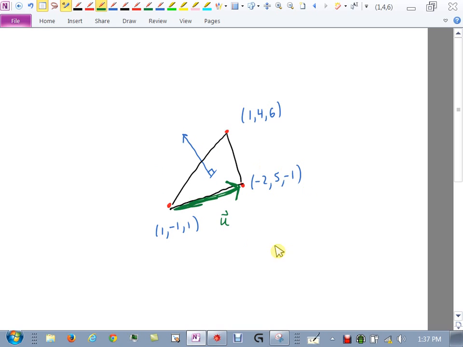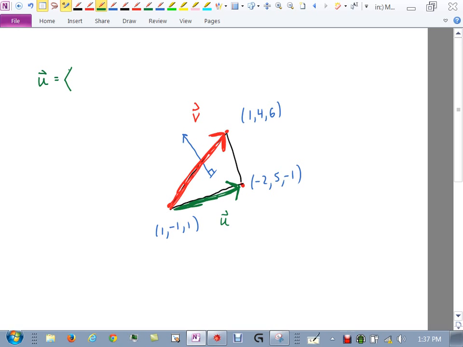What other vector do we want to grab here? You want to do that one? Okay. We'll call that V. So what is U? That's right. The way I drew it, it's the vector that goes from 1, -1, 1 to -2, 5, -1.